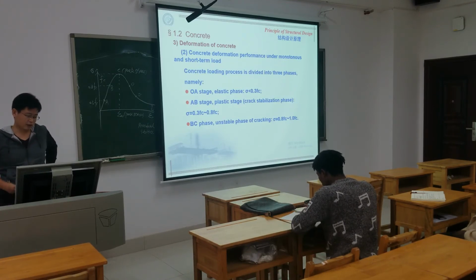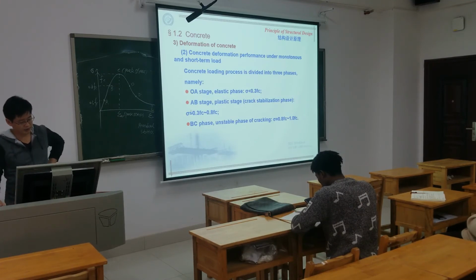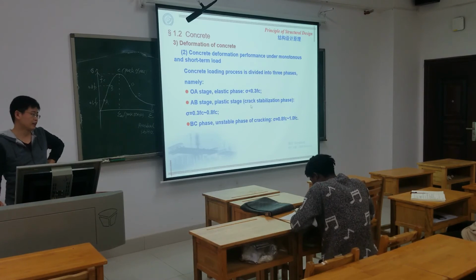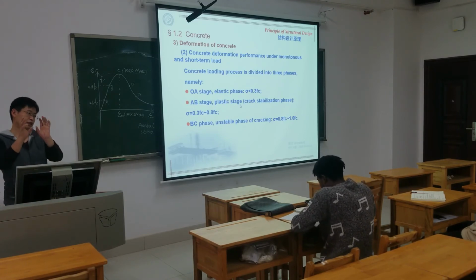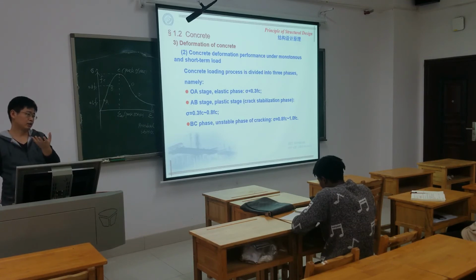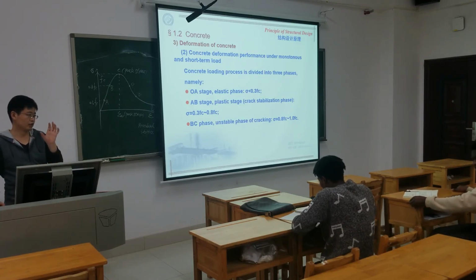So the concrete loading process actually is divided into three phases. The OA stage is the elastic phase. The AB stage is the plastic stage, the crack stabilization phase. At that stage, cracks appear in the concrete.